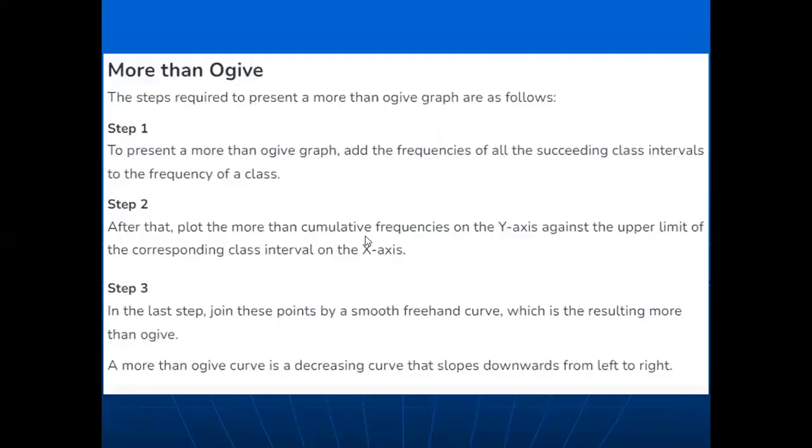After plotting the more than cumulative frequency on the y-axis, the corresponding lower limit of the class interval, it's not the upper limit. The lower limit of the class interval should be plotted on the x-axis. So in the more than Ogive curve, you have to take the lower limit. In case of the less than cumulative frequency, you have to take the upper limit. Here you have to take the lower limit.